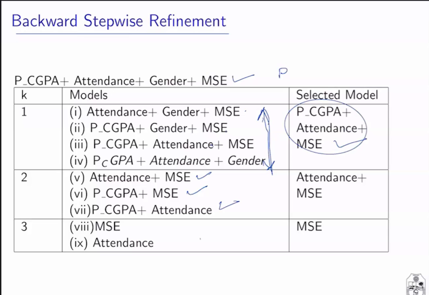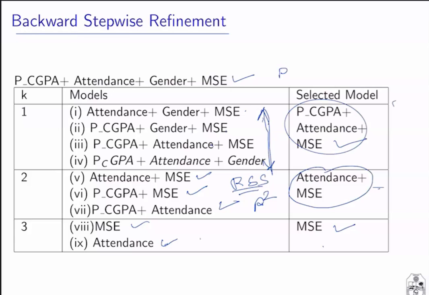Now in the next iteration, suppose this is the model that you have selected by using the criteria like RSS or R square. This model is selected. While selecting, you generate two models which contain only one attribute by eliminating either one. Suppose this model is selected.